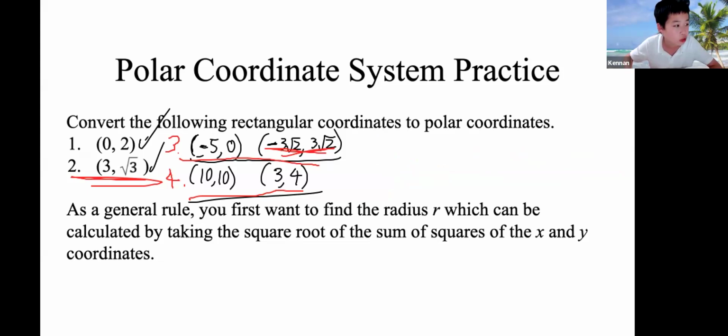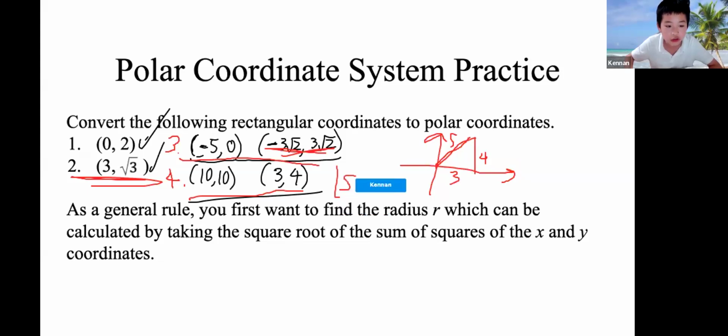For part 2, we don't really have a specified angle. So we just have this as 3, this as 4. Note that it's a 3-4-5 triangle, so its magnitude is 5. Then we want to find the angle.